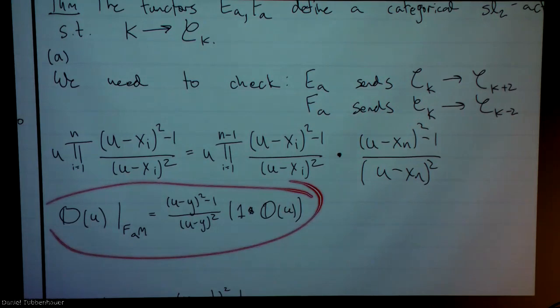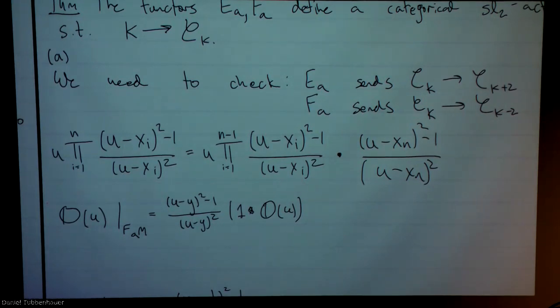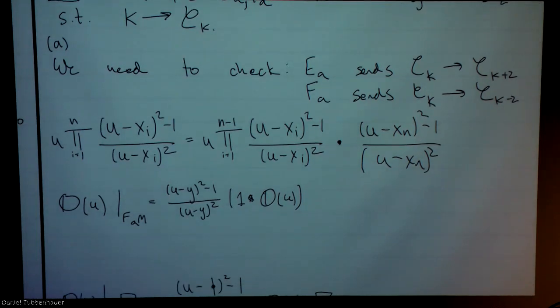This is an equation of natural transformations of functors, which comes from thinking about this formula as being applied to a bimodule. Right? Applying FA is a summand of the bimodule. KSn is a KSn minus 1 bimodule. Okay.